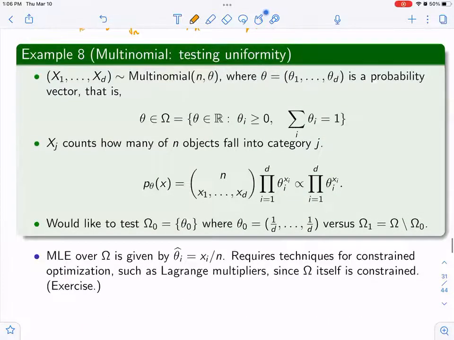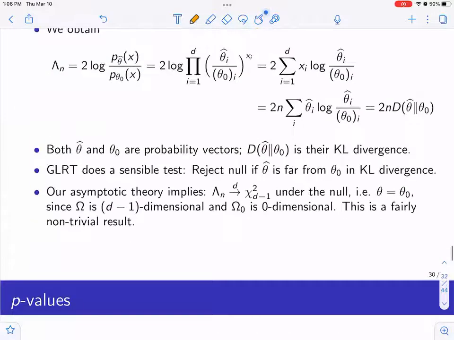So it's going to be a little bit tricky to do that. But you can write a multivariate CLT for theta hat, since it's just a mean, and then try to expand this around theta naught and prove directly that this converges to a chi-square with d-1. Although it's a non-trivial result.